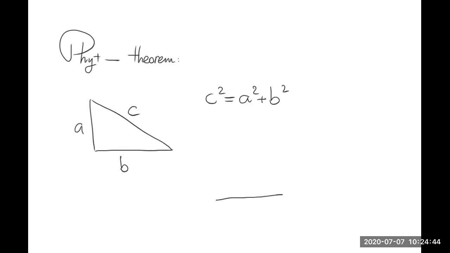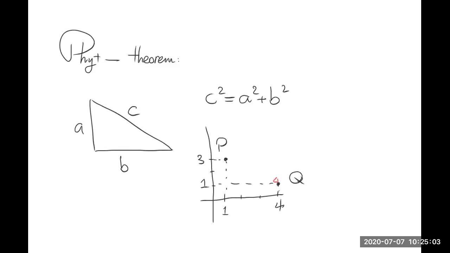So if we have a vector, let's see another example, connecting a point P with coordinates 1 and 3, and we have another point Q with coordinates 4 and 1.